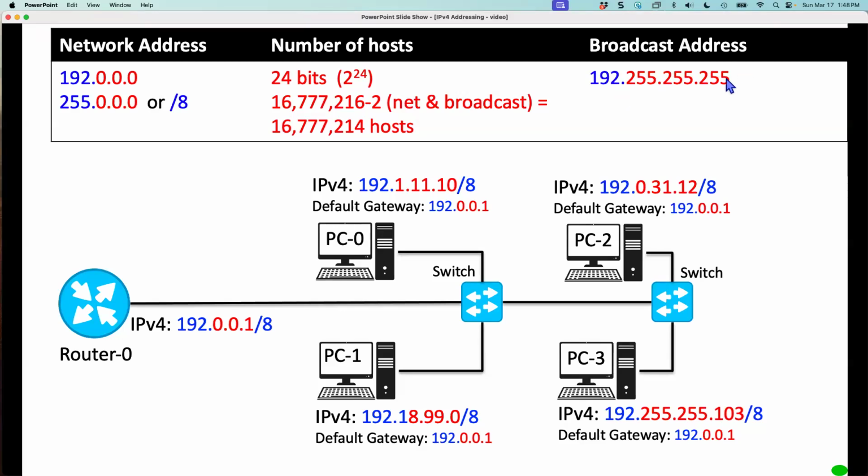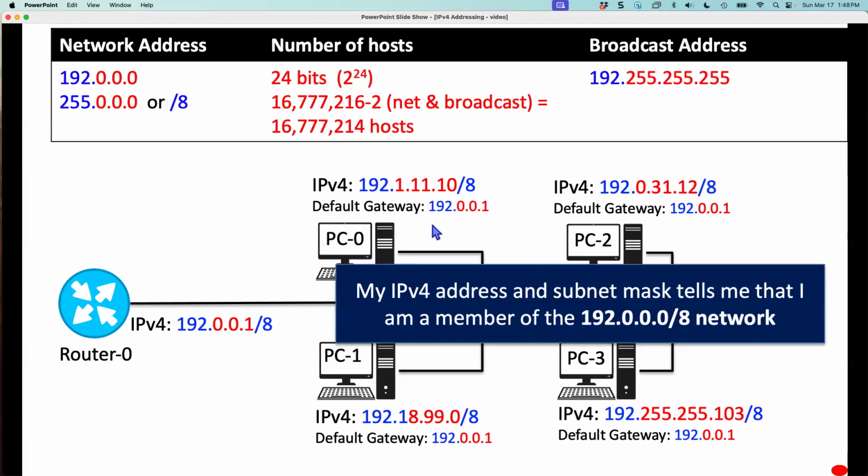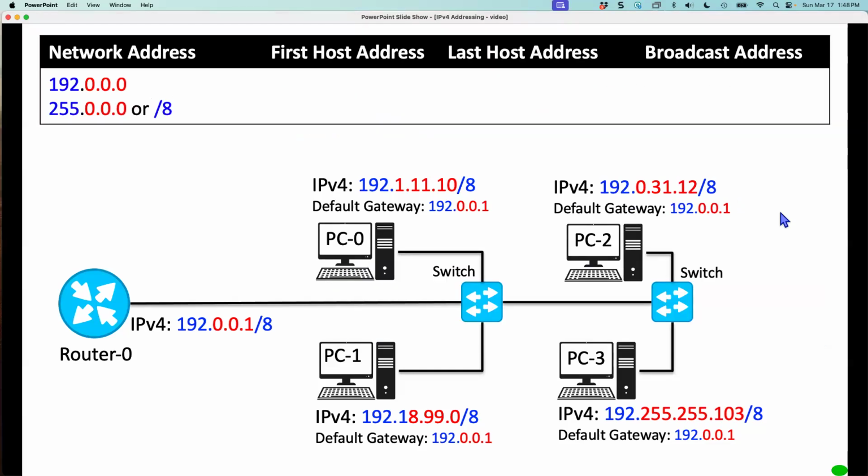I should probably put the /8 there so you know that it's only these 8 bits is the network portion. All right, so these devices say, hey, if I have a packet to send to another device and it just begins with 192 in the destination address, they're on my network.